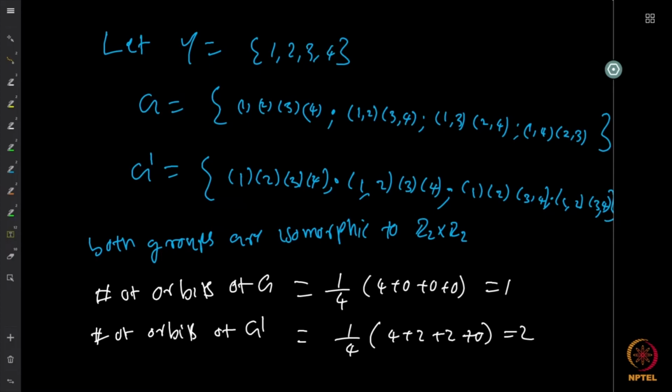Then (1)(2)(34), two elements are fixed again. And therefore I get 4 plus 2 plus 2. Of course, identity fixes all the elements, which is 4. So the number of orbits of G and G' are different. For example, in the case of G, you get only one orbit, and in the case of G', you get two orbits.